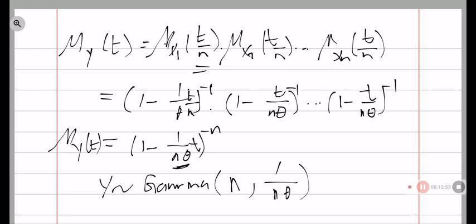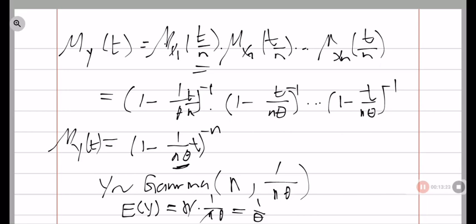So we can say the expectation of y equals n times 1 over n theta, so the n's cancel out, and it will be 1 over theta. This is the expectation of y.